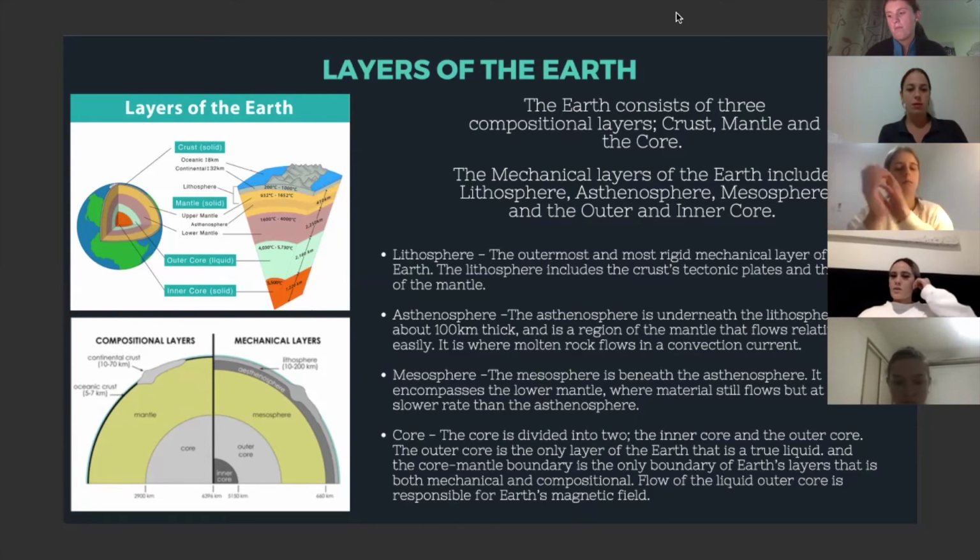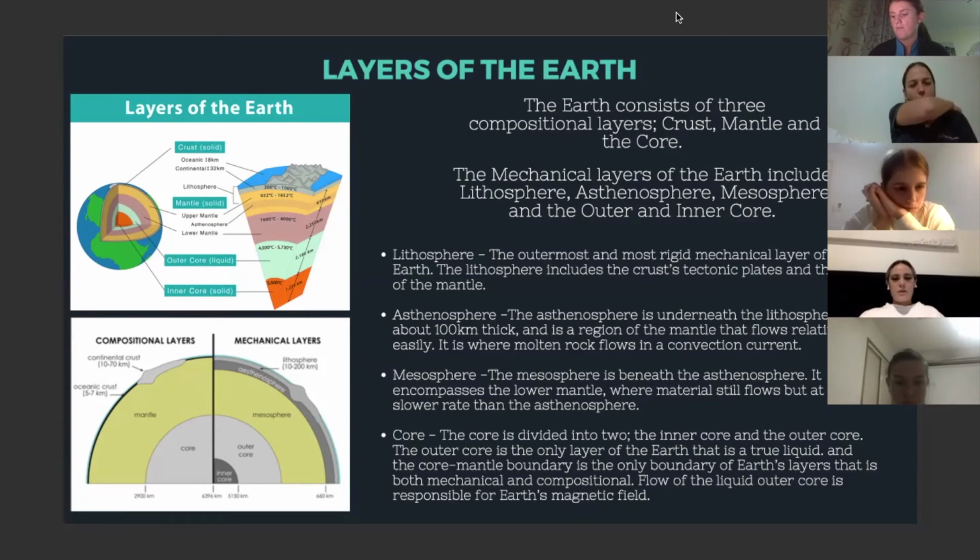So it's where the tectonic plates are situated. The asthenosphere is underneath the lithosphere, around 100 kilometers thick, and it is a region of the mantle that flows relatively easily. It's where molten rock flows in a convection current, which Tamara will explain in a second.